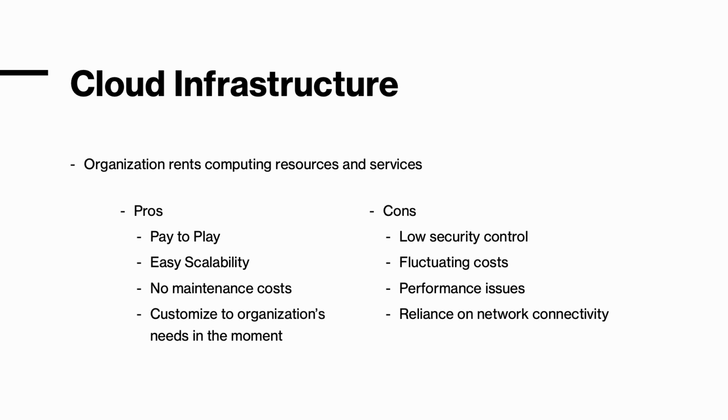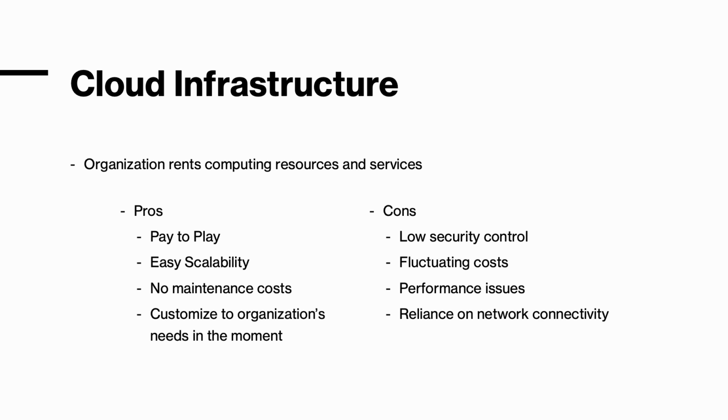So let's start off with cloud infrastructure. It's typically where companies such as Microsoft through Microsoft Azure, Amazon through their web services, and Google through their cloud services have traditional backend infrastructure. They have the servers, the HVAC, the maintenance, and security systems in place, and they rent out the processing services to companies, kind of a pay-to-play system.